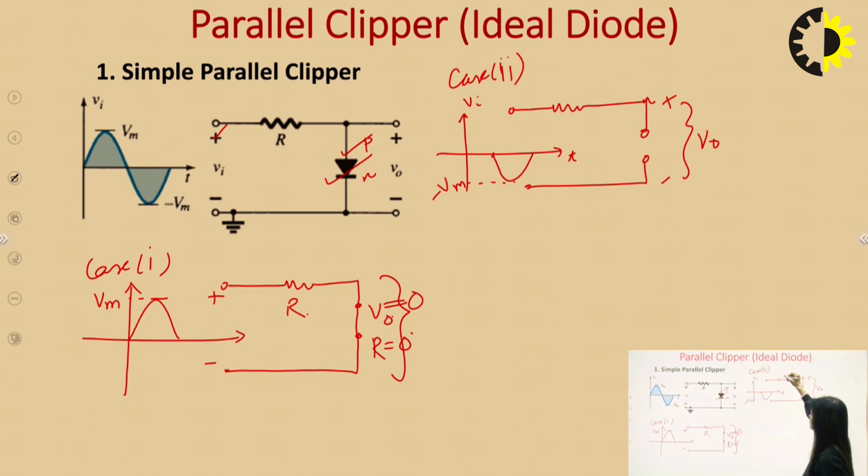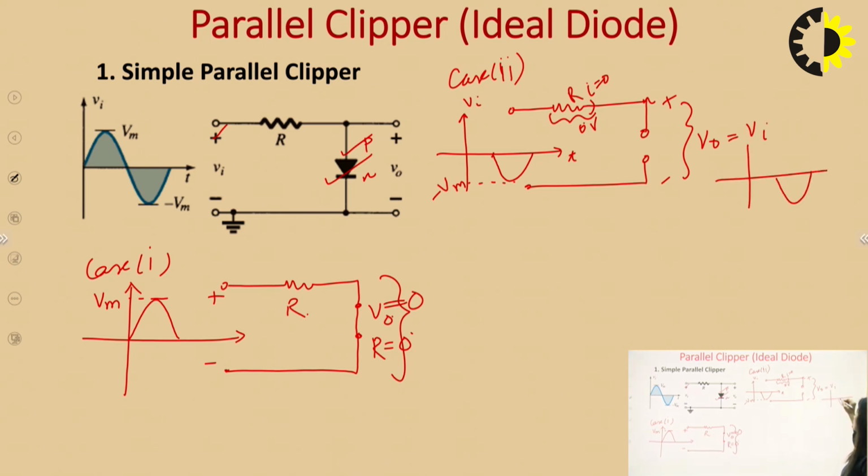Now for this R, there is no current, so the voltage across it is 0 volt, and all the voltage of the input will appear across the output port only. Whatever the voltage is, all of it will appear across the output terminal, and VO will be equal to VI.